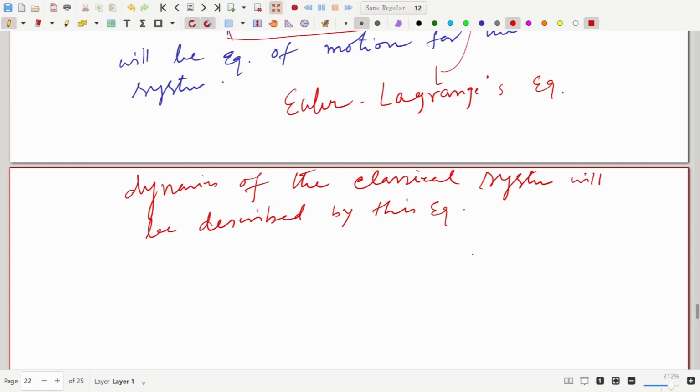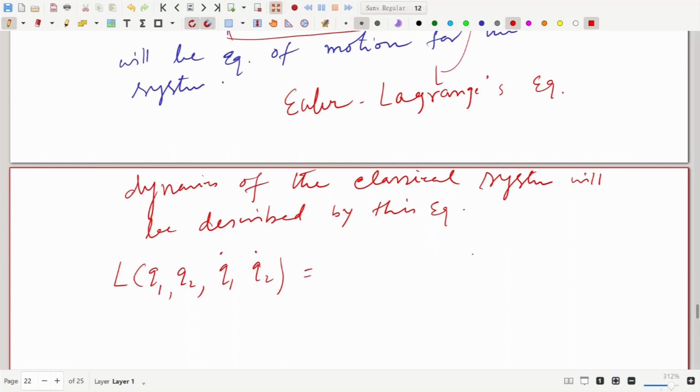So, let us consider an example. Suppose the Lagrangian of a system is given like this, for 2 degrees of freedom, q1 and q2, 2 generalized coordinates, q1 dot and q2 dot.